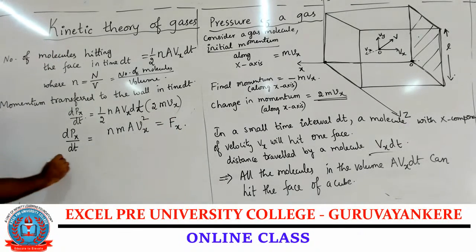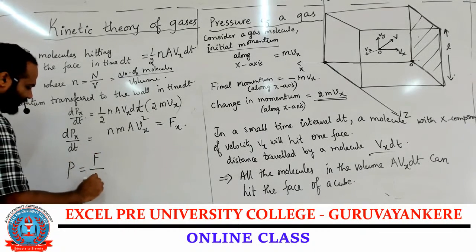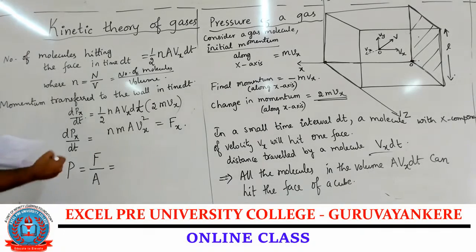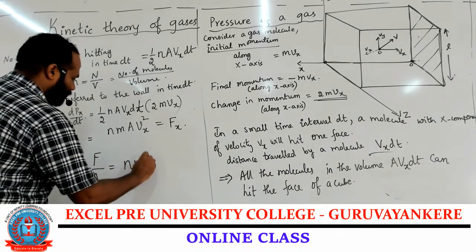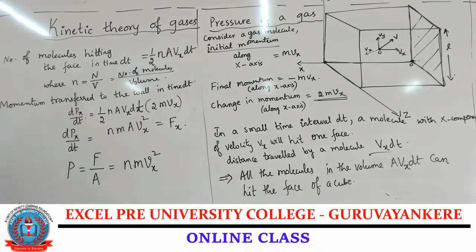Then what is the pressure? Pressure is F by area, that is equal to n m Vx square.